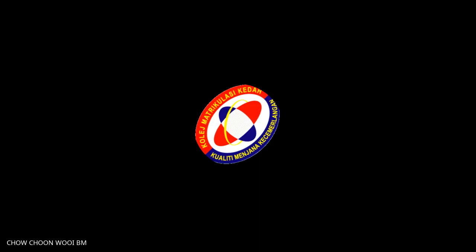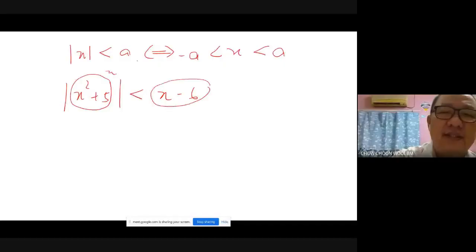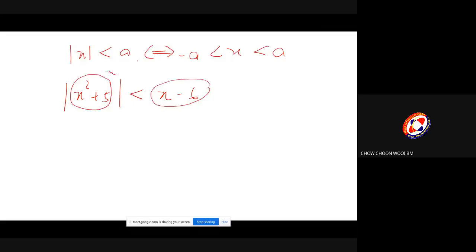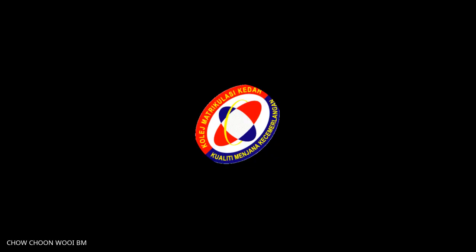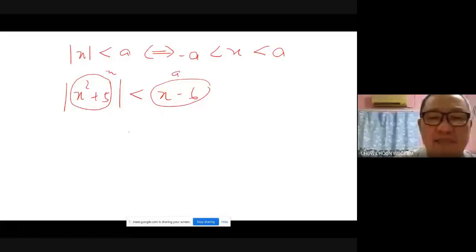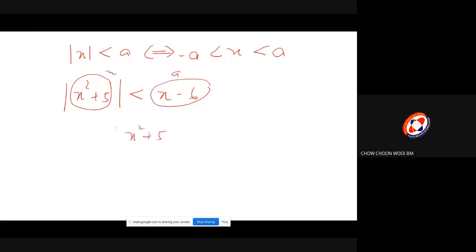Okay. So now, this is your X, where this one is your A. Ini adalah X, ini adalah A kan? Jadi as usual, we write our X here. So our X tengah-tengah, X squared plus 5, greater than negative, less than, right? So this is negative. And what about the other side?